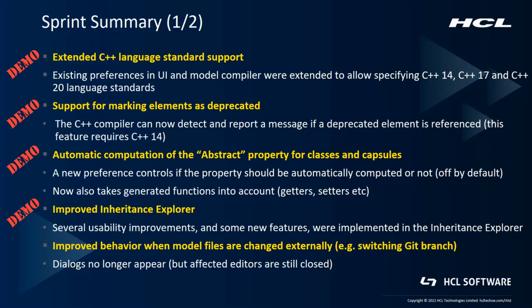Then when you have checked that your models work with this preference turned on, you can start taking advantage of this automatic computation. Having it on by default is probably not what you like, at least not when migrating from an older version. And we also improved it to take some more cases into account.